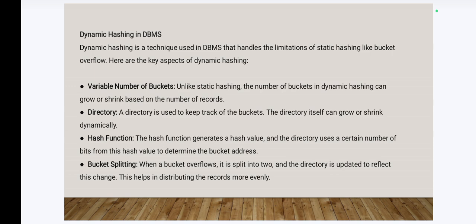The directory itself can grow or shrink dynamically. Hash function. The hash function generates a hash value and the directory uses a certain number of bits from the hash value to determine the bucket address. Bucket splitting. When a bucket overflows, it is split into two and the directory is updated to reflect this change. This helps in distributing the records more evenly.